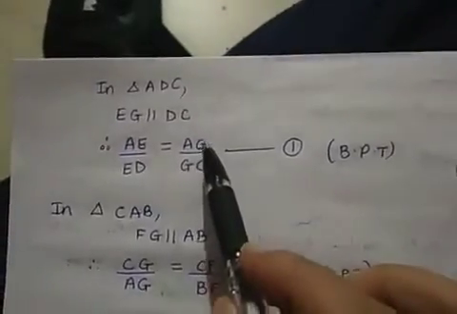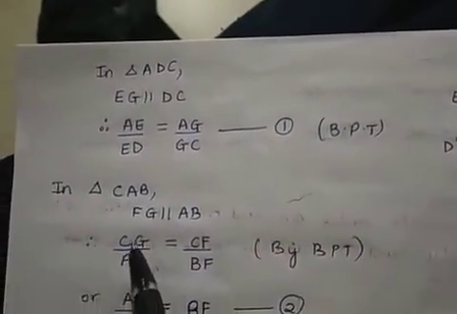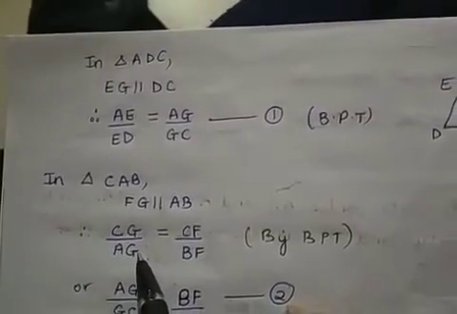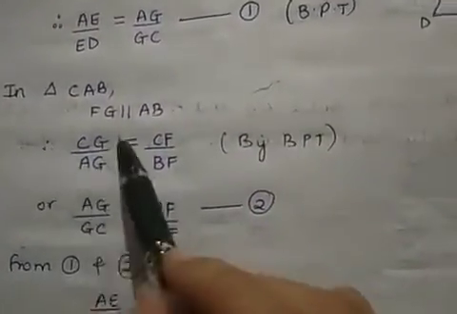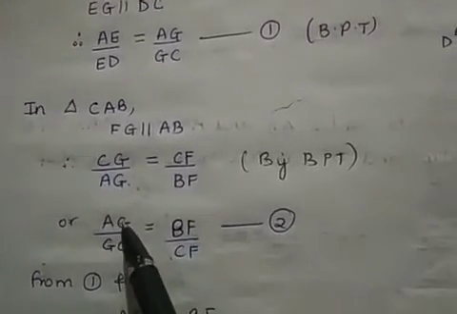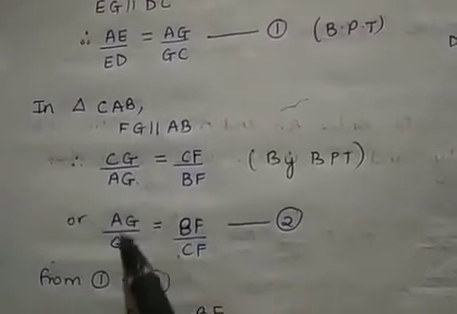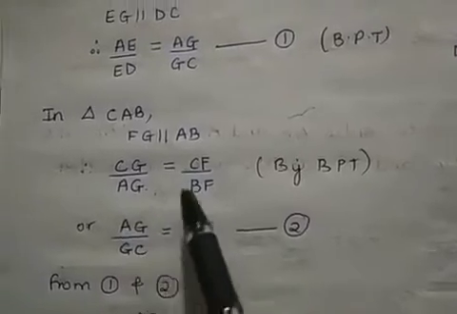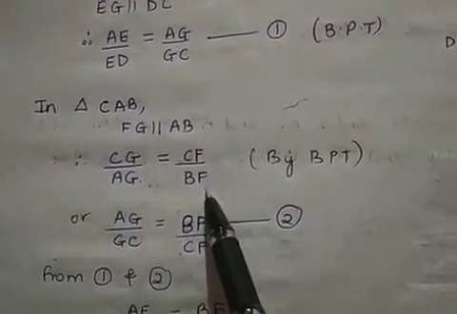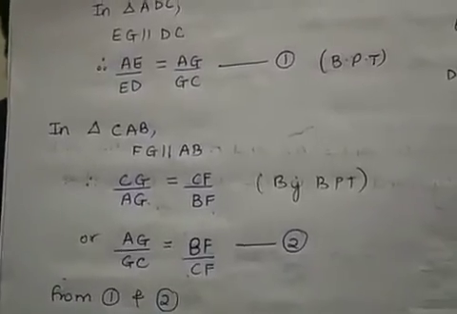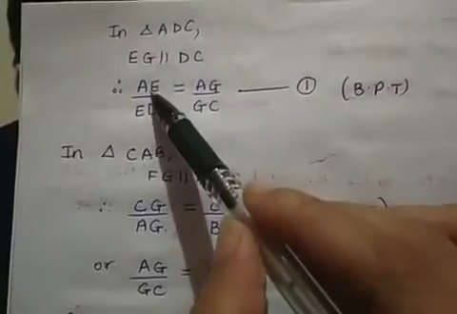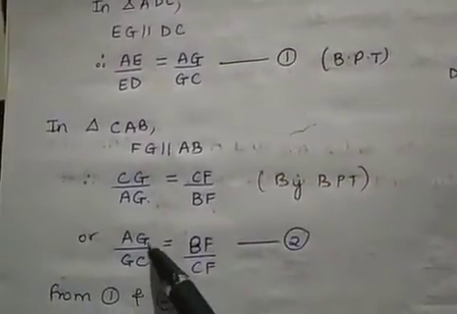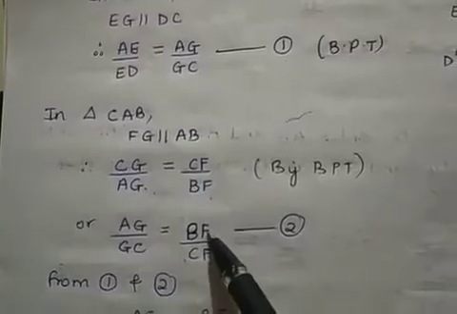Now here I have AG upon GC, and here I have CG upon AG, correct? So to get AG upon GC, I will take the reciprocal. When I take the reciprocal, I will get AG upon GC equal to BF upon CF, correct? Now let us number this equation as 2. From 1 I know AG upon GC is AE upon ED, and AG upon GC is also equal to BF upon CF.